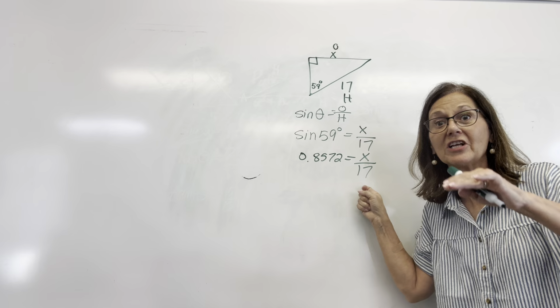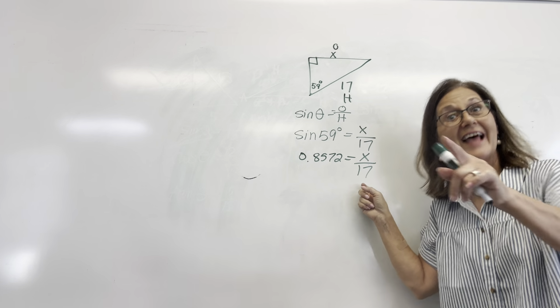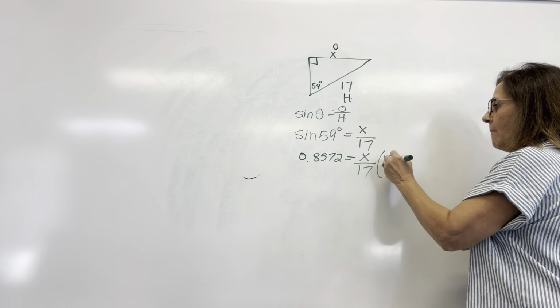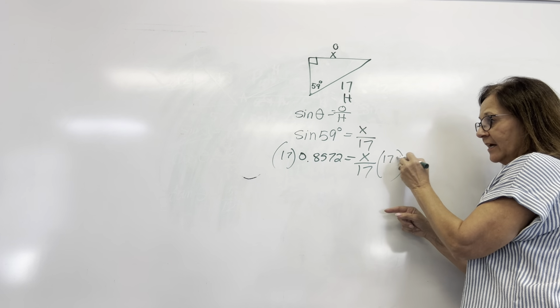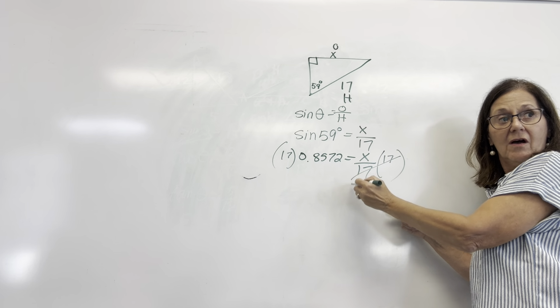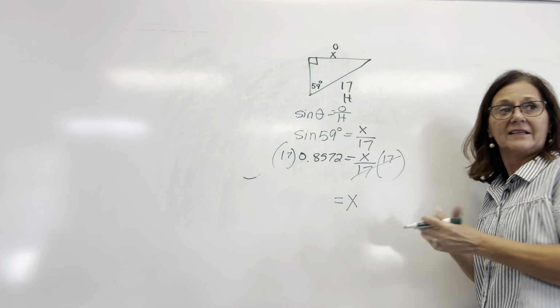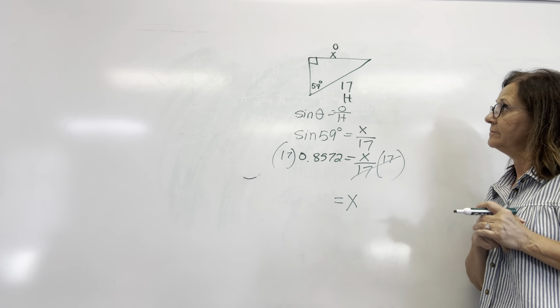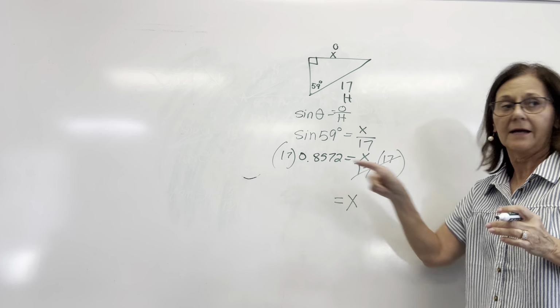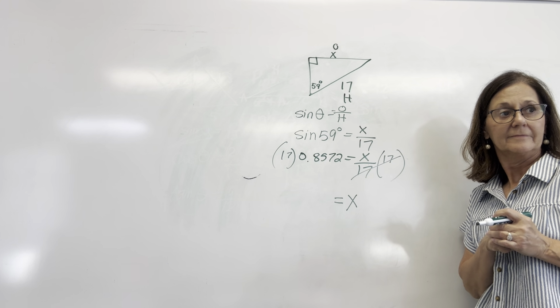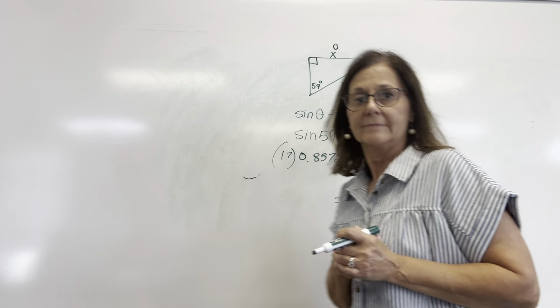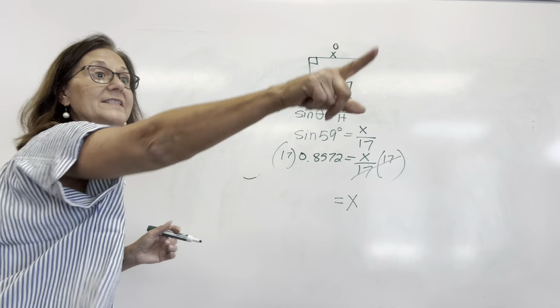And I do the inverse operation to get it to the other side. That is correct. So if I multiply both sides by 17, those cancel. And what is the length of the opposite side? What's 17 times that? What is it, Jack?